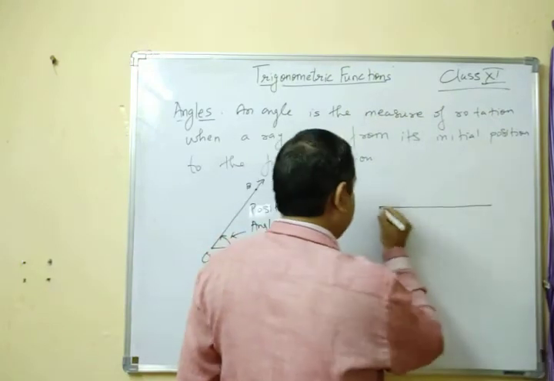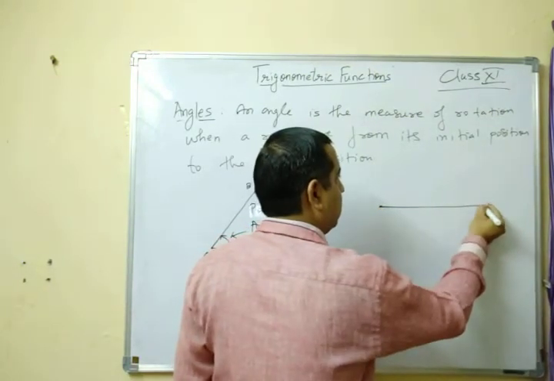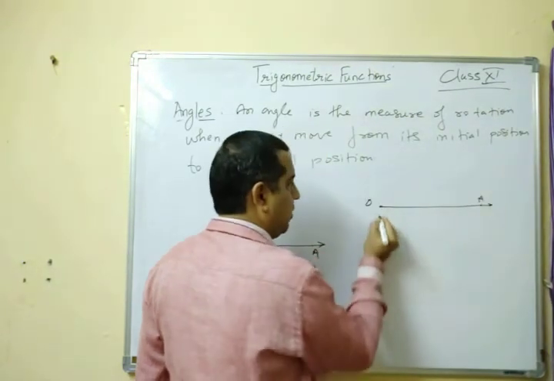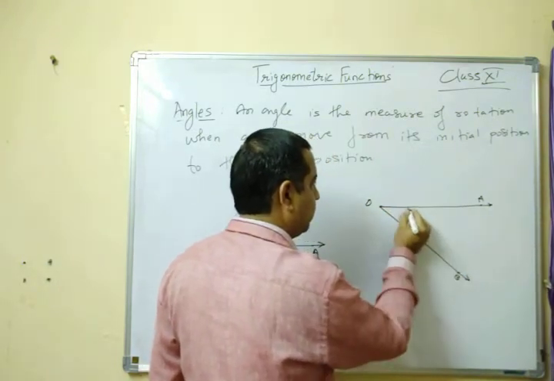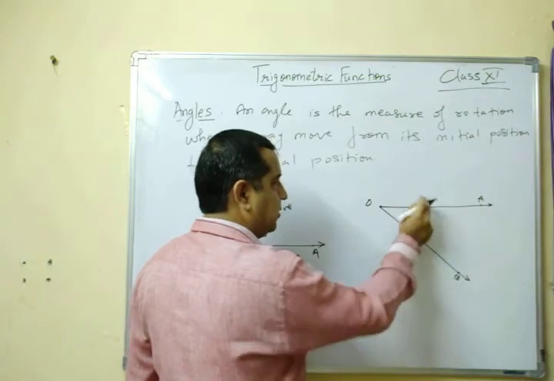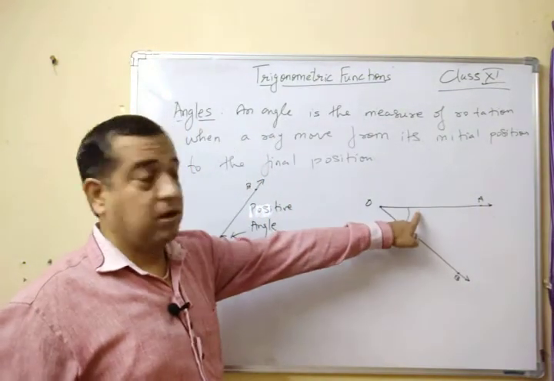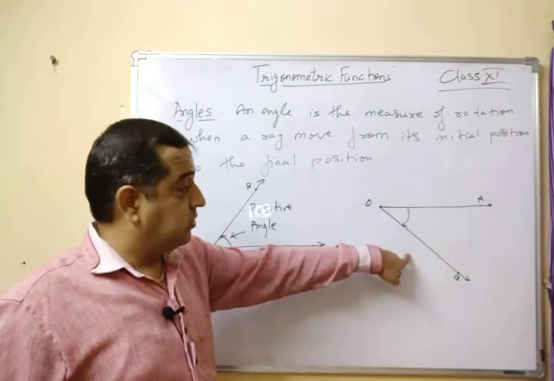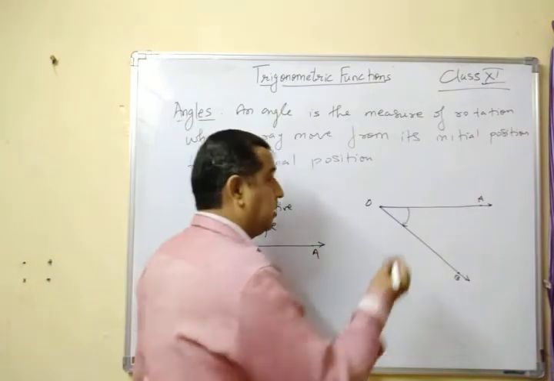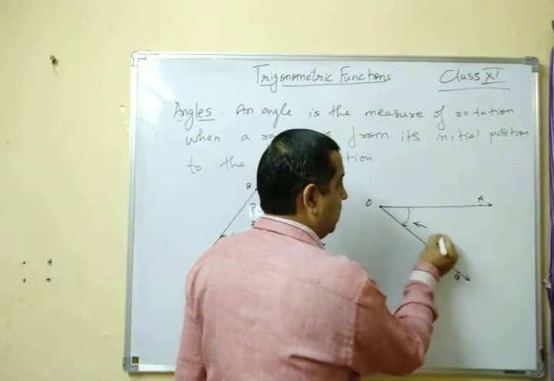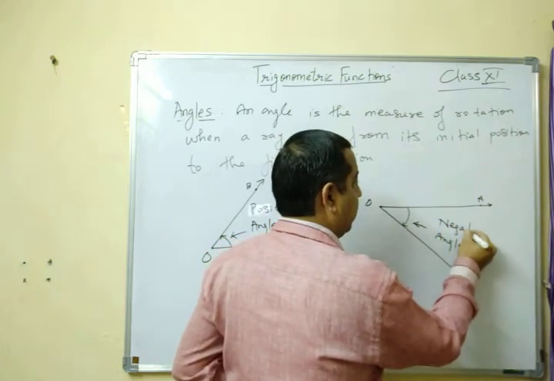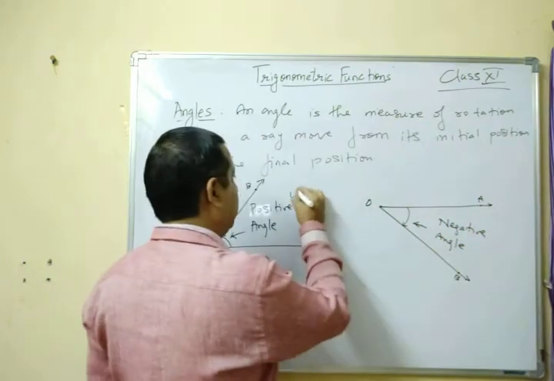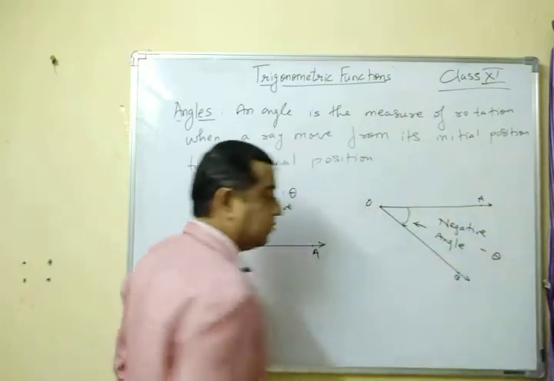If the same ray OA had moved in this direction, this is the fixed or initial arm and this is the final arm after rotation. Then once again we get an angle, but in this case it is a negative angle. If this is theta, we can say this is minus theta.